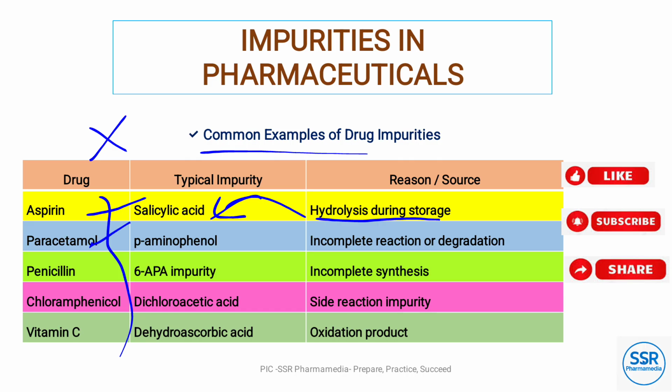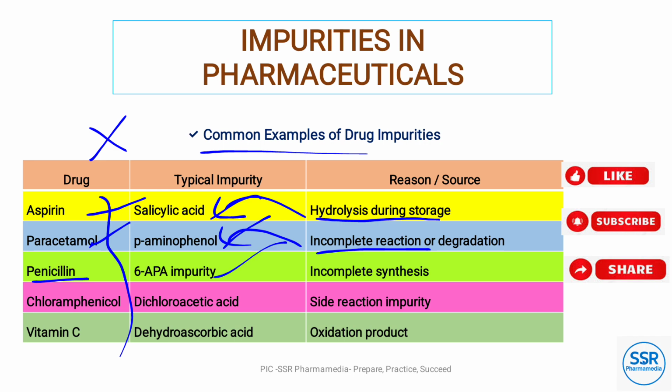So like that, paracetamol: para-aminophenol is an impurity. It's formed due to incomplete reactions and degradation, because para-aminophenol is a starting product in the manufacturing of paracetamol. Penicillin: 6-aminopenicillanic acid is an impurity.